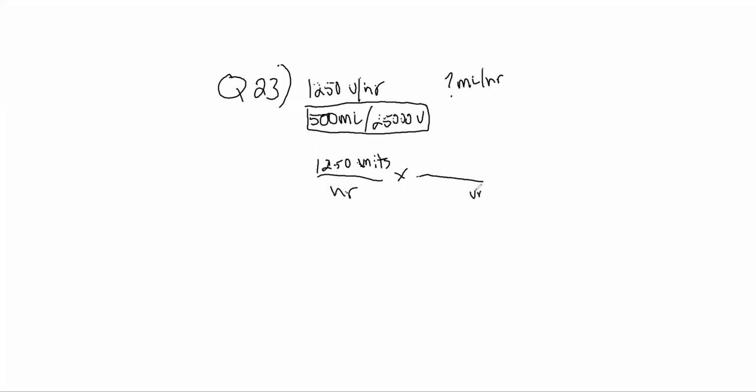So I know that units will go on the bottom, and that happens to be the 25,000. And I want milliliters, so that's on top. Then I eliminate my units, and I'm left with what I'm looking for, and that should give you your answer in milliliters per hour.